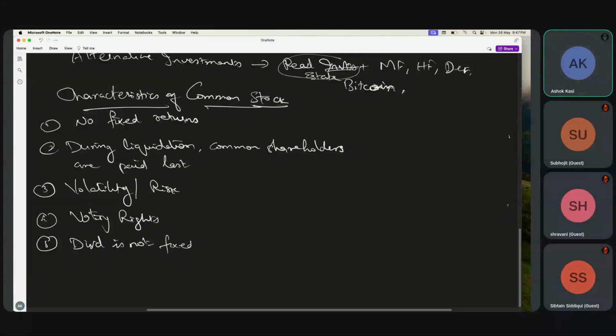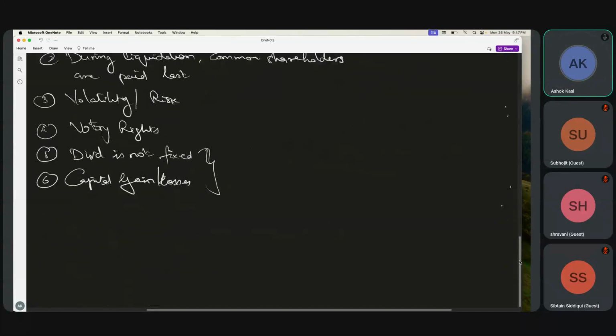Capital gains or capital loss is also possible. But basically, you are entering for capital gains and dividend. These are your objectives. These are some of the characteristics of equities.